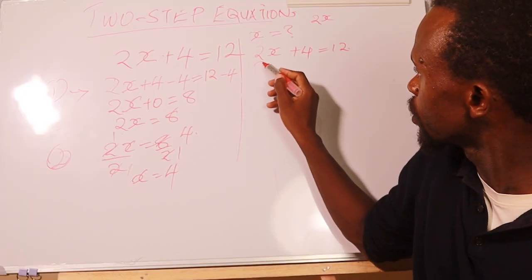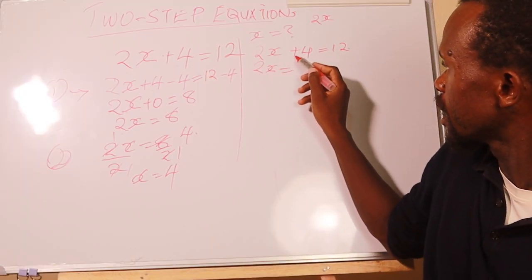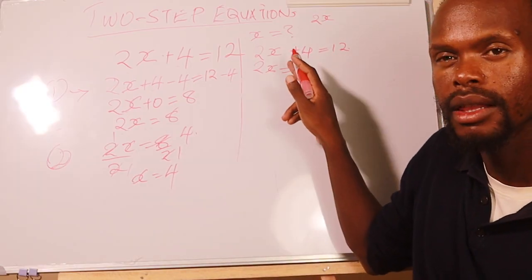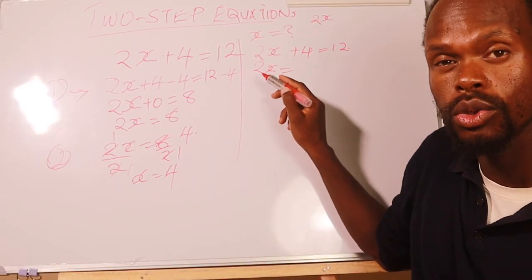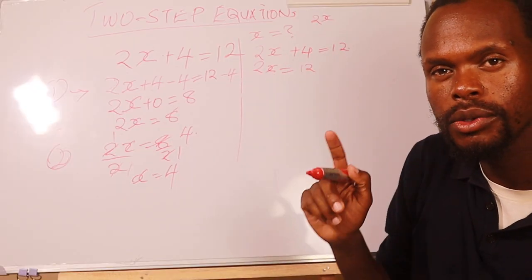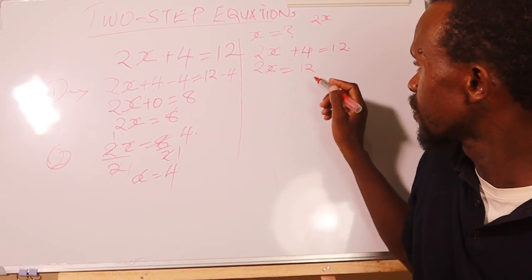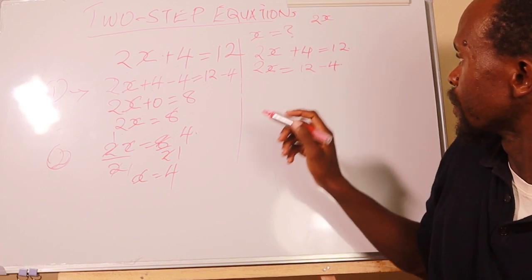So in this case, we'll be left with 2x is equal to, and we're going to take this plus 4. Remember we said a number will take the sign that is just in front of that number. When you take it to the other side of the equal sign, it will be minus 4. So 2x is equal to 12 minus 4.